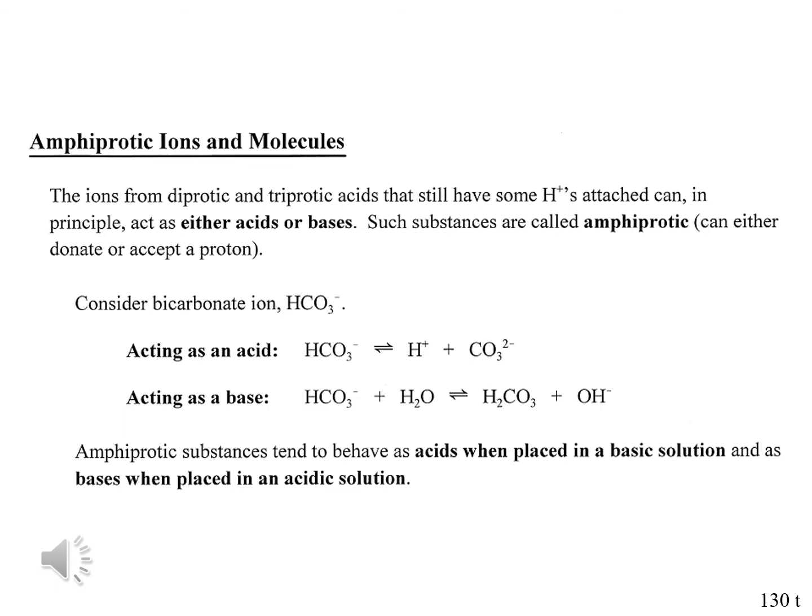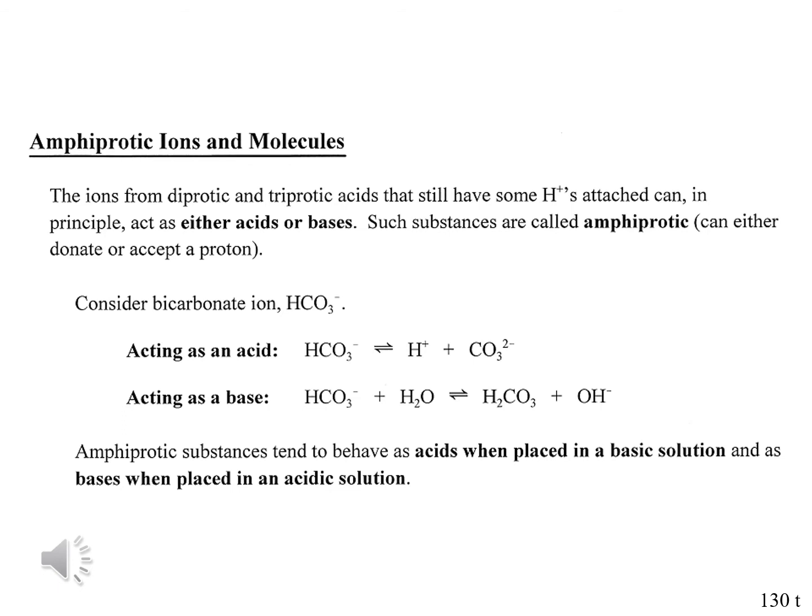There is a class, though, that we haven't talked about yet, which we do have to deal with, and those are what are called amphiprotic ions. If you look at bicarbonate, which I showed you here, the bicarbonate ion can give up an H+. That's the first reaction, where it's acting as an acid.